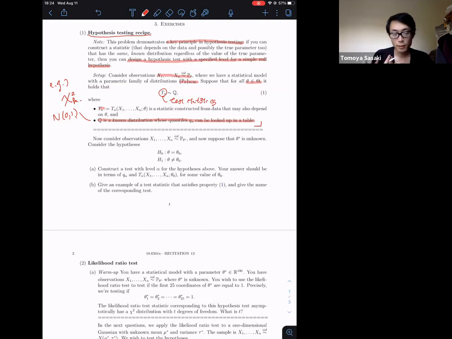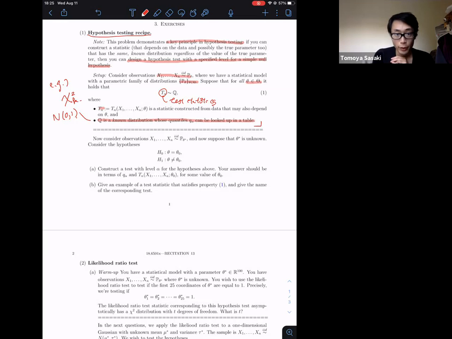But that's not necessarily just coincidence, because there are some properties in the test statistics that kind of, not automatically, lead you to construct these test statistics and these distributions to construct the quantile.